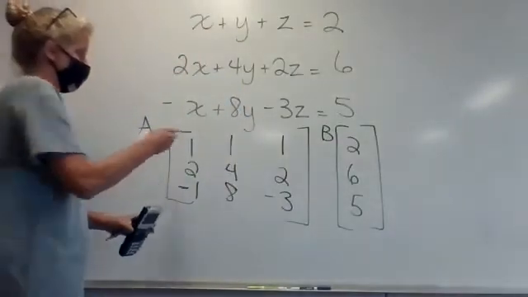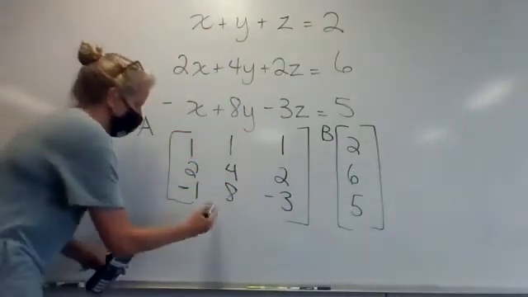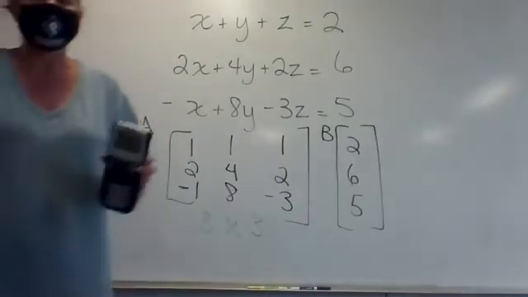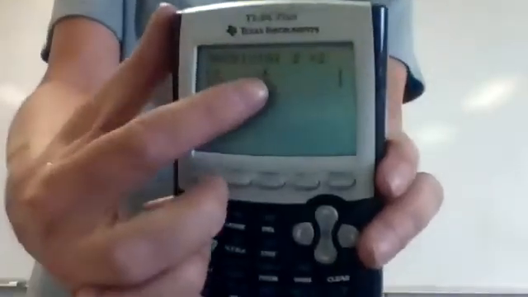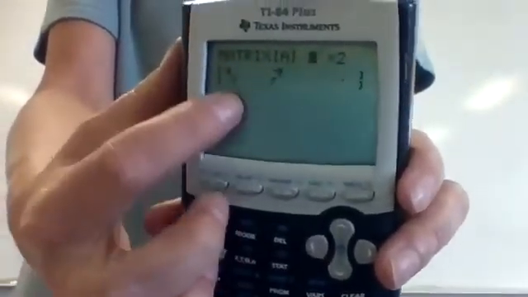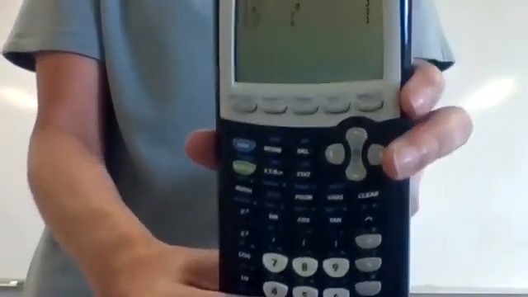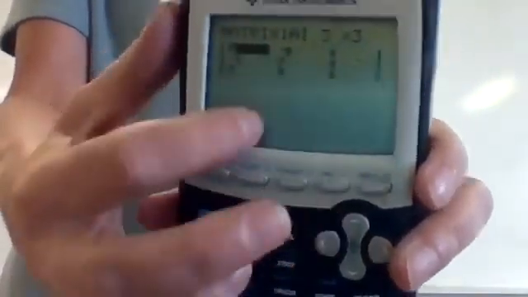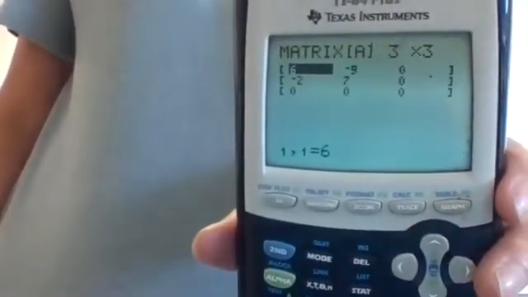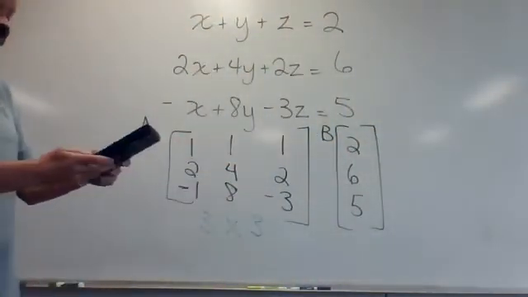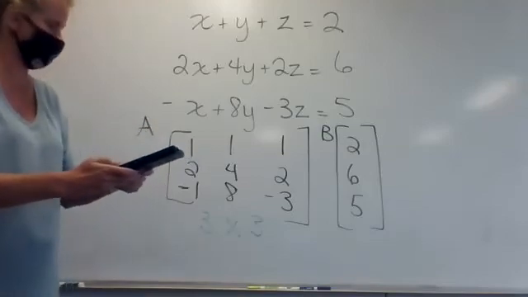What's this one going to be though? How many rows? This one's going to be a 3 by 3 matrix. So that's what you need to tell it up here, because watch when you do that, it's going to turn this 2 by 2 into a 3 by 3. So you'll see it gave you that last area to type numbers in. So your 3 by 3. Put your numbers in. It goes across the top row first. So just 1, 1, 1.